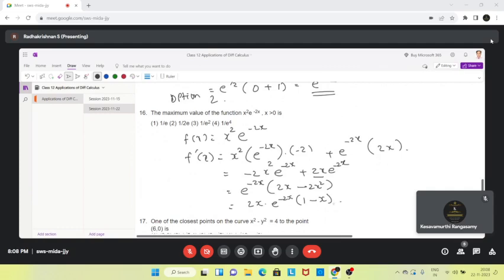Now equate it to 0. Then what do you get? Either x can be 0, this will not be 0 at all. So x equal to 0 or x equal to 1.